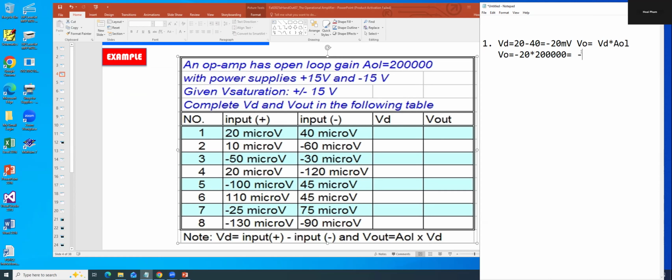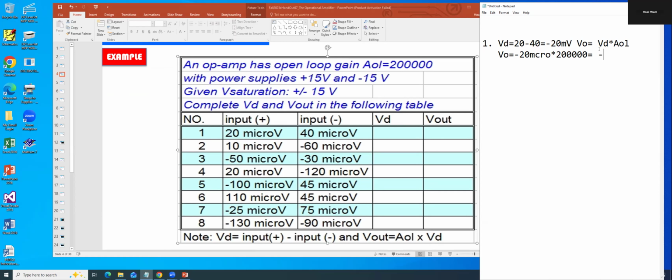Okay. That will be 20 micro. Okay. So 2 times 2 means 4, right? Yes.